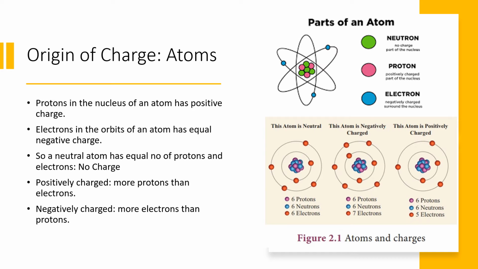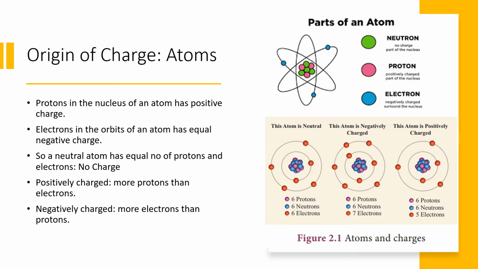But whenever this equality between the number of protons and electrons is imbalanced, then we have charge. In the second picture, in the first example the number of protons and electrons is equal, so the atom is neutral. But if it somehow gets an additional electron from a different atom, then it has more electrons than protons, so it becomes negatively charged, as in the middle picture.